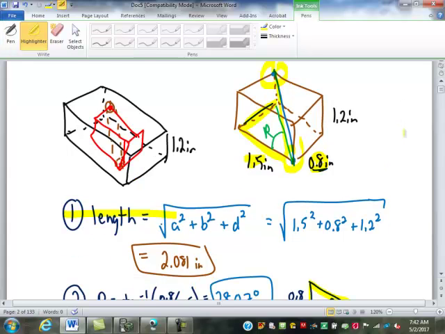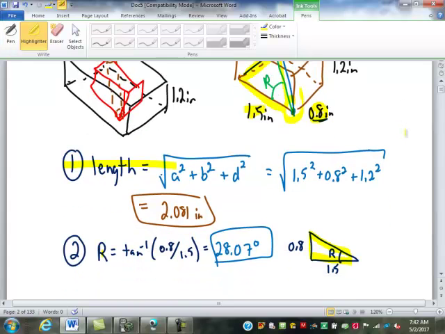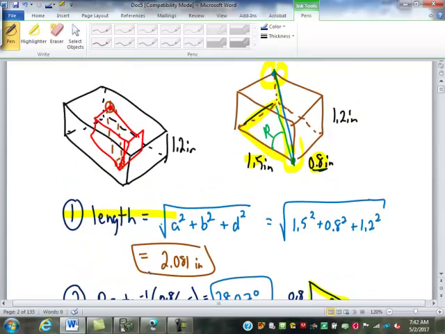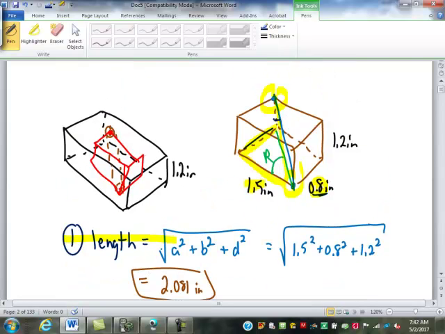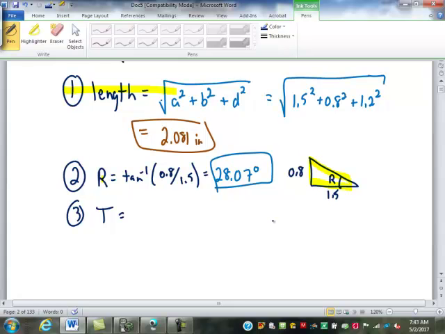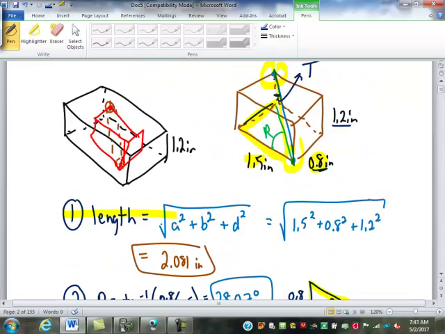And then the final thing we need is to find T. T, remember, is our angle of tilt, and that's this angle right up here. So when finding T, I'm making a triangle again. This is the height of the box, the 1.2.